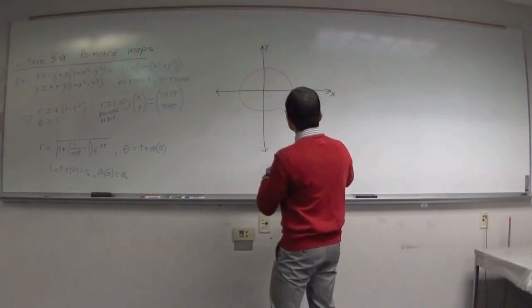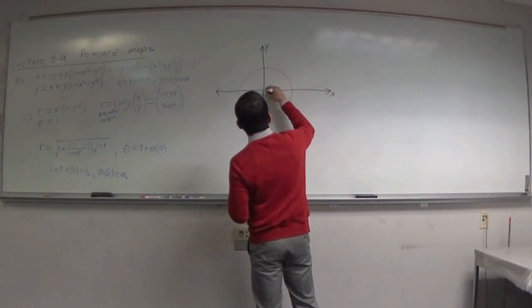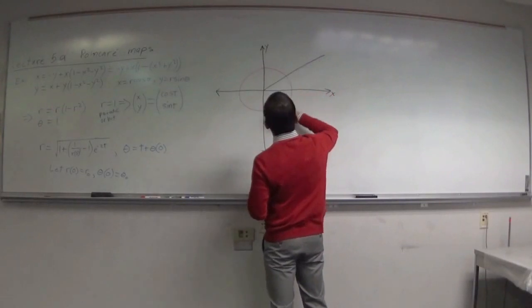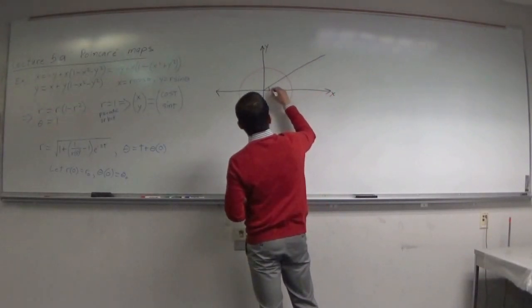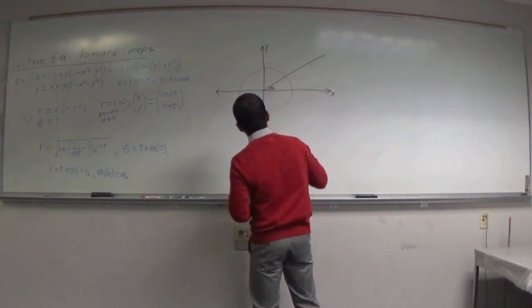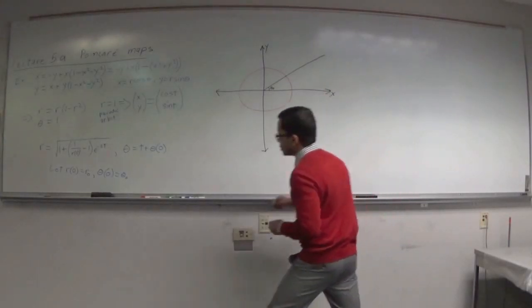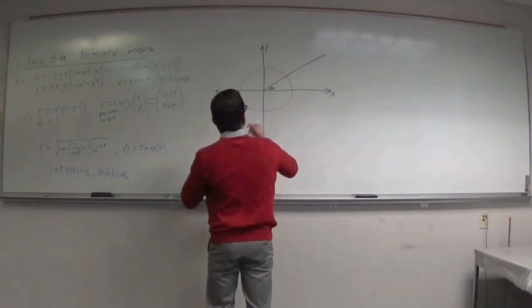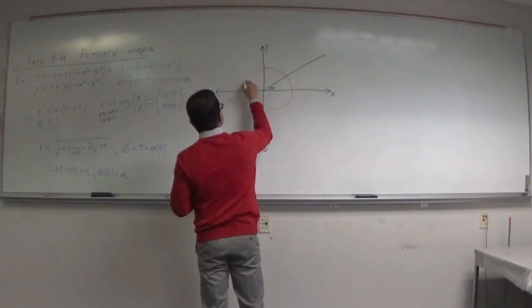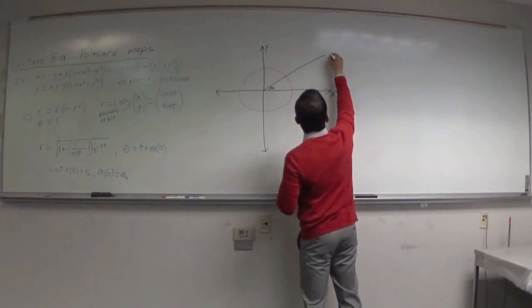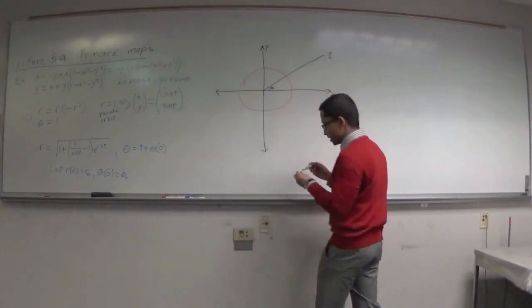Let's say theta naught is here. So we draw this ray like this, and this is theta naught. That's how we want to draw our sigma. Let me label these things: this is gamma, and this is sigma.